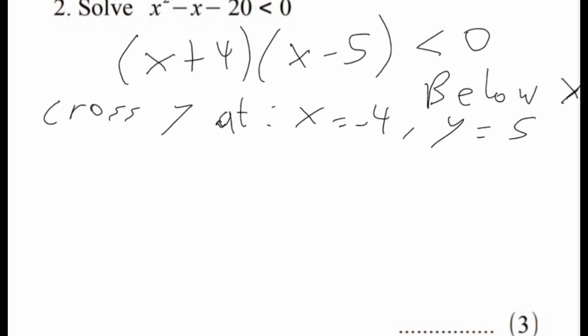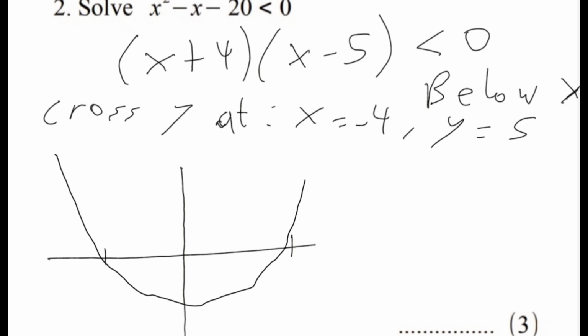Next, we draw the graph. And the roots will be minus 4 and 5. So these are the 2 points that a parabola will cross. So we draw that. It doesn't have to be a perfect drawing, by the way.